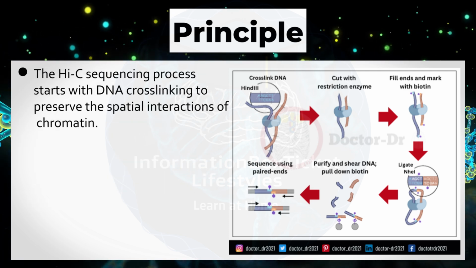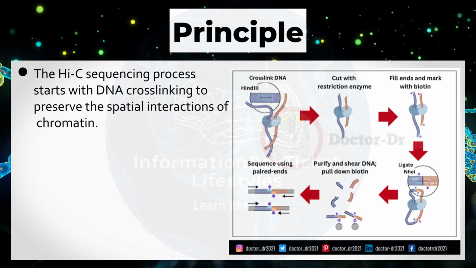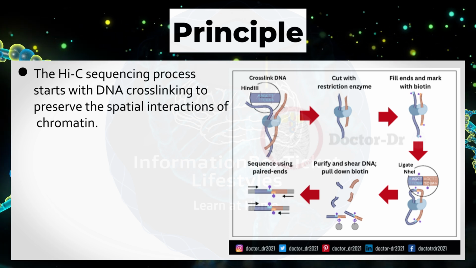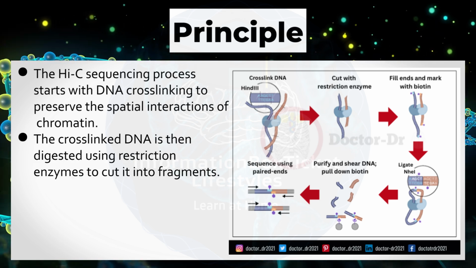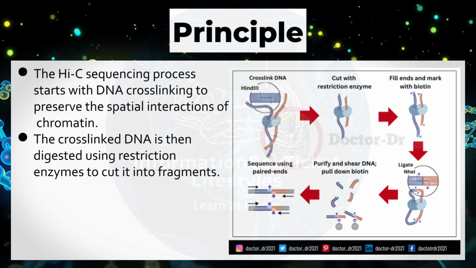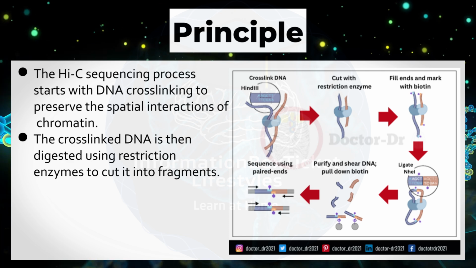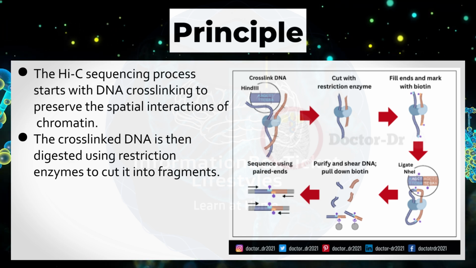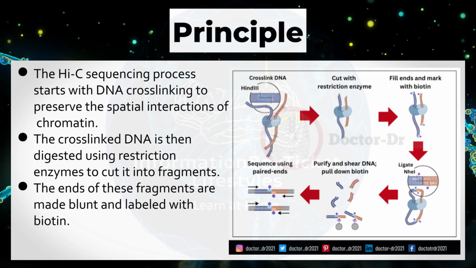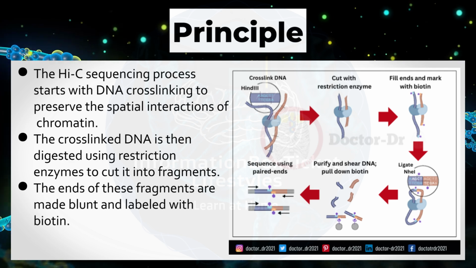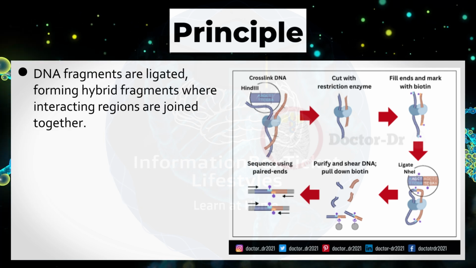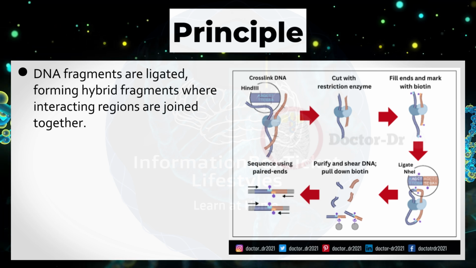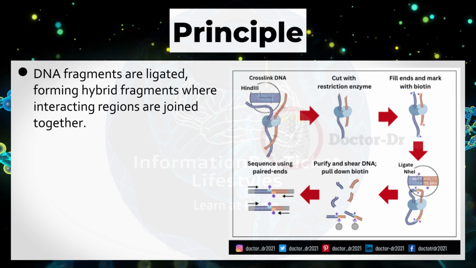The Hi-C sequencing process starts with DNA cross-linking to preserve the spatial interactions of chromatin. The cross-linked DNA is then digested using restriction enzymes to cut it into fragments. The ends of these fragments are made blunt and labeled with biotin. DNA fragments are ligated, forming hybrid fragments where interacting regions are joined together.